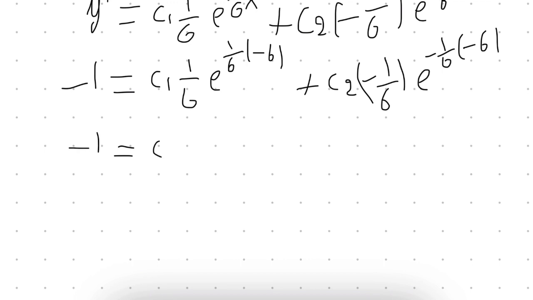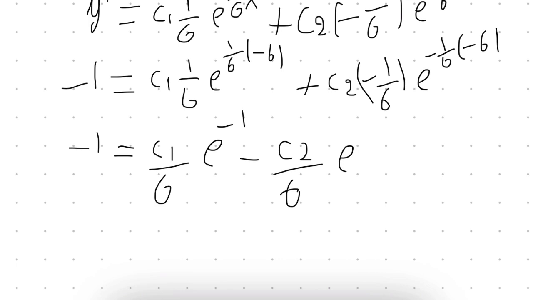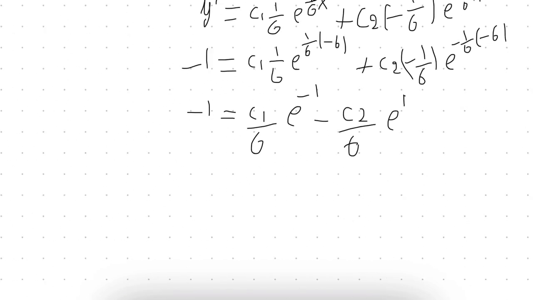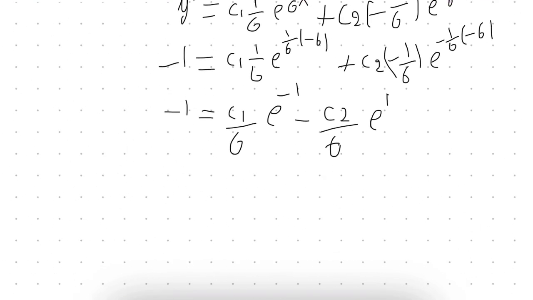It's equal, so C1 over 6 e to the minus 1 plus C2, if I do it like that, minus C2 over 6 e to the 1. These are our second equation.